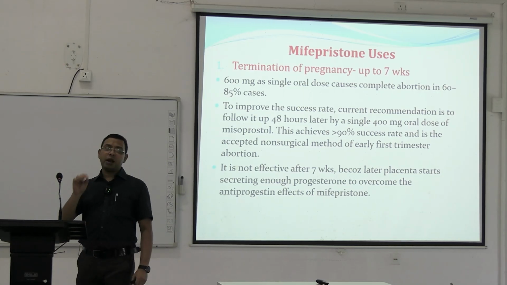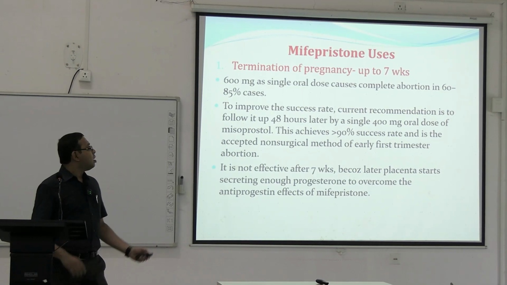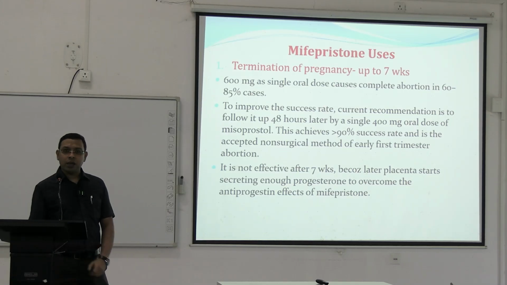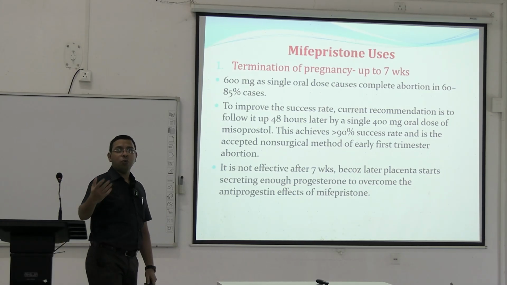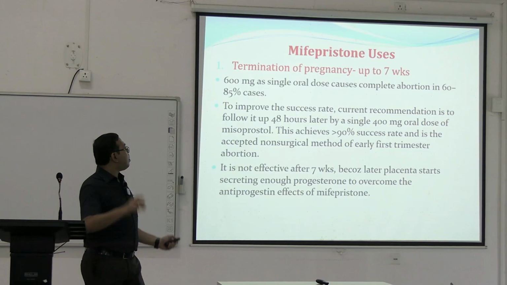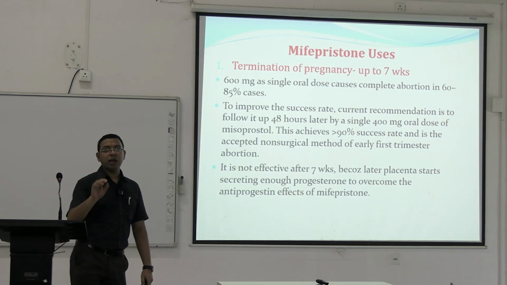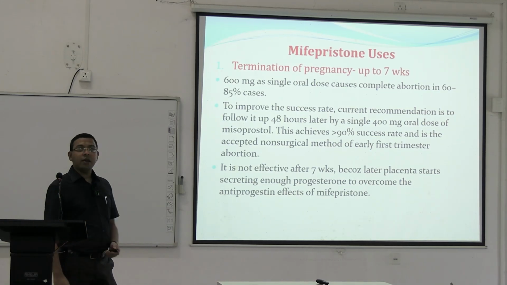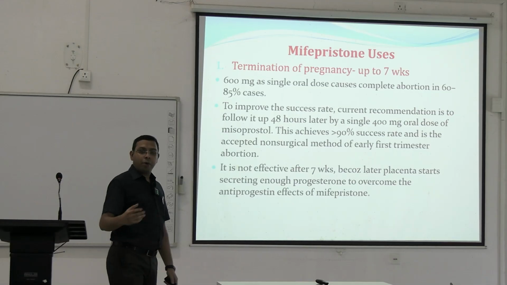So when there is pregnancy, if it is given during the initial 7 weeks, up to approximately 2 months of the pregnancy, if mifepristone is given as a 600 milligram single dose, it has been seen that in 60 to 85% of cases it causes abortion.